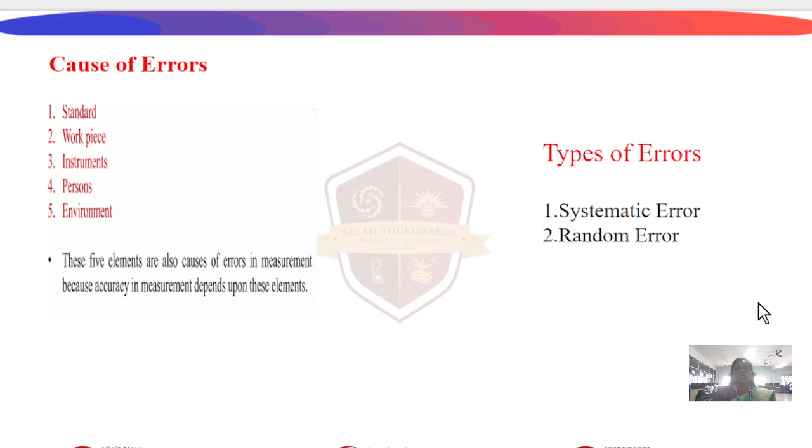Errors may occur due to different reasons. One major cause is the instrument itself. For example, if an ammeter is not properly calibrated, it will show wrong current value.